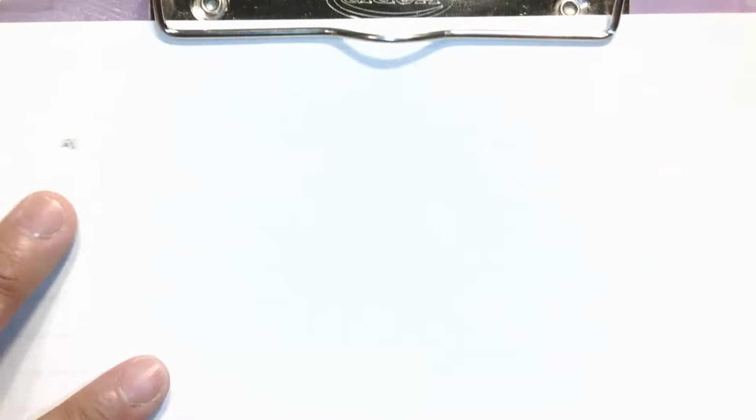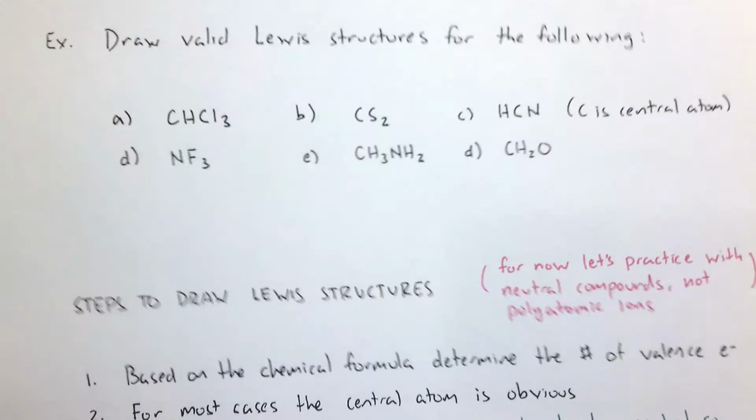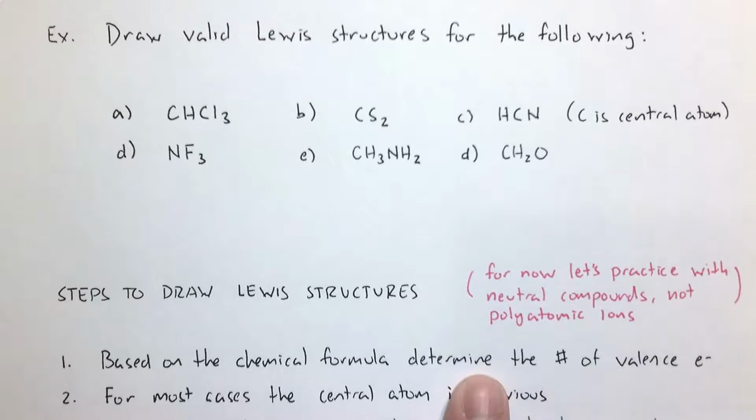A, CHCl3. I'm just looking for my periodic table. Okay, first step, based on the chemical formula, determine the number of valence electrons.